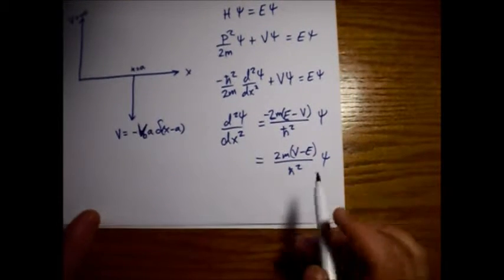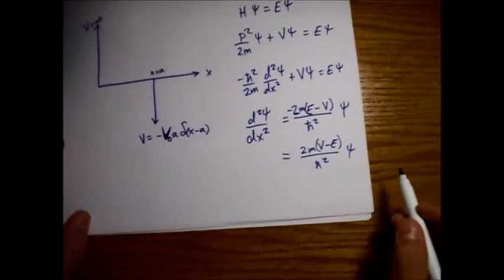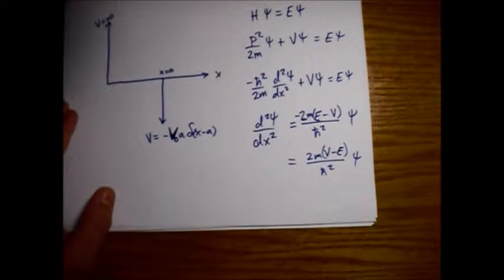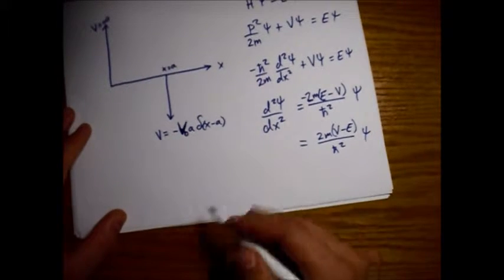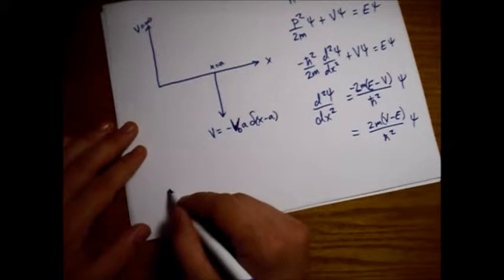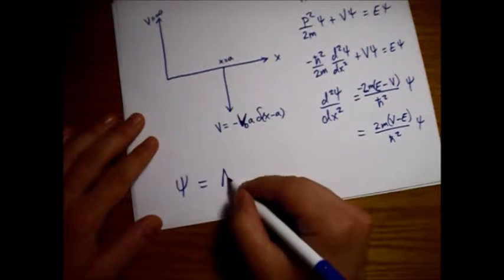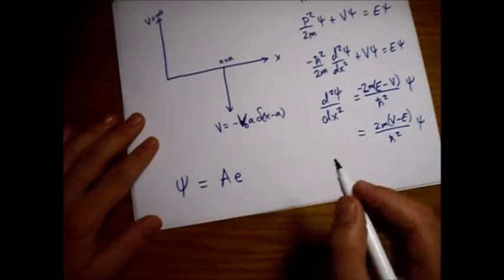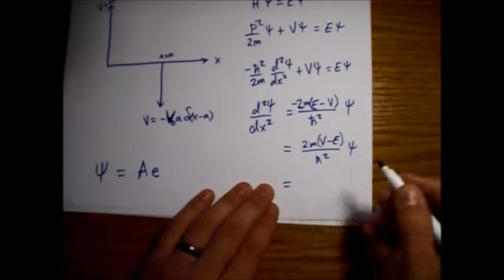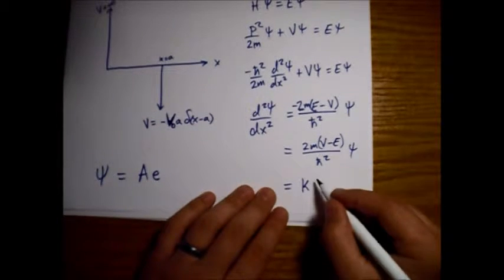So for positive values here, we're going to tend to get things that either shrink down to 0 or blow up. So the general form of our wave function, let's just start off using A and B. We need to define this real quick, so I'm just going to use k squared, pretty standard.